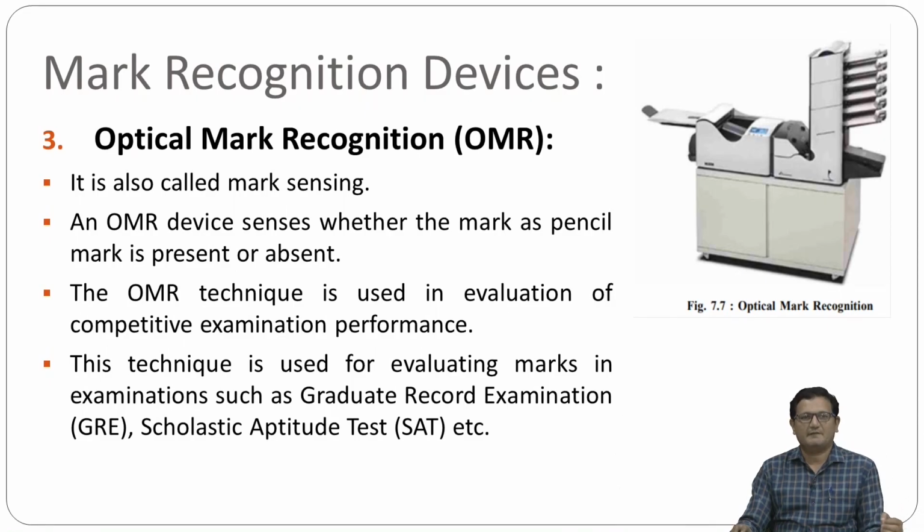Every question will have 4 options, and every student will have one OMR sheet. Suppose the student is reading question number 1, there are 4 possible answers given, and if the student feels that the correct answer is B, then they will mark B in question number 1, right? And in that way the student will give an answer to each and every question.